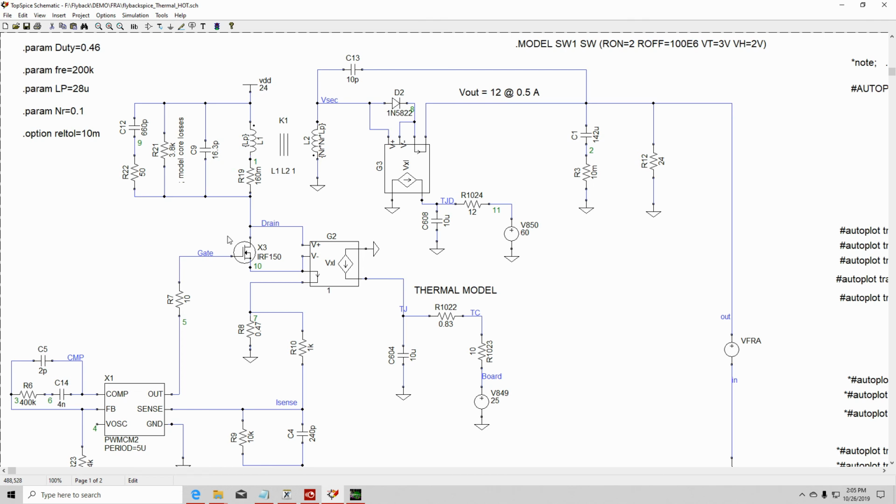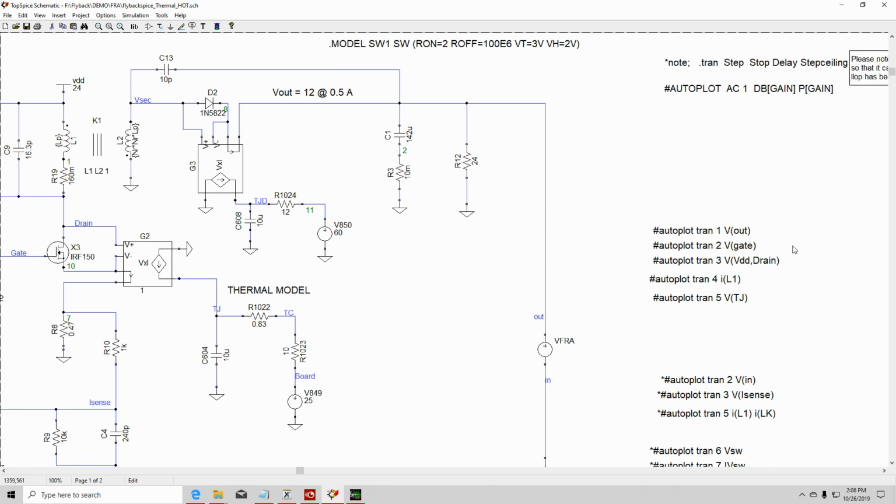You might want to watch the previous video in case you're a little confused why changing the turns ratio, or lowering it, would make this device fail. Okay, so I've already changed it, so we're going to go ahead and run it. And instead of displaying all of this, let me comment it out. You just put a little star and it will not plot that.